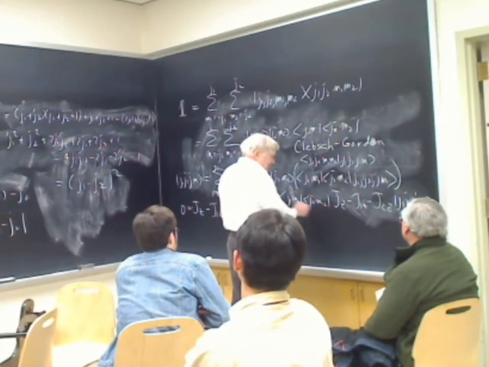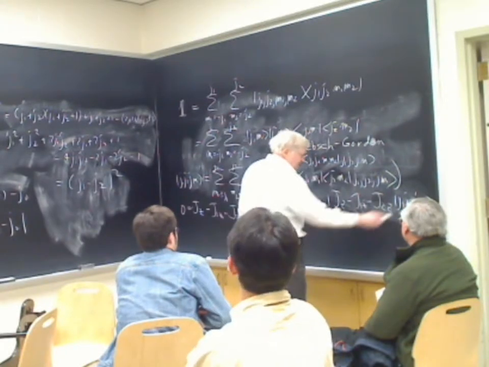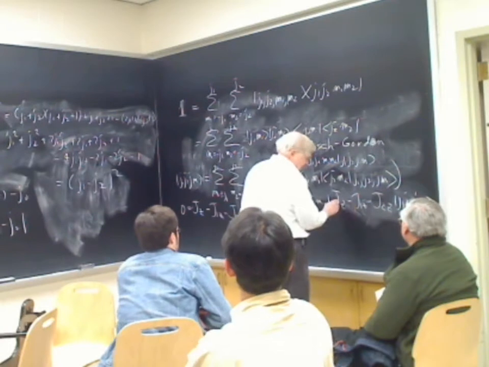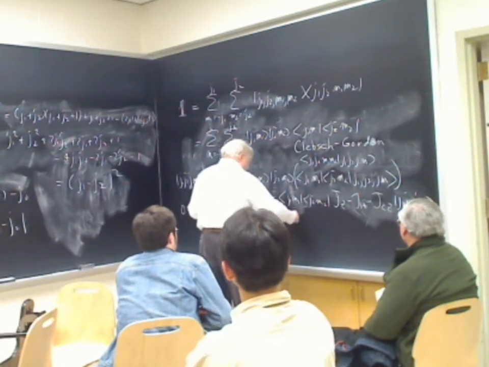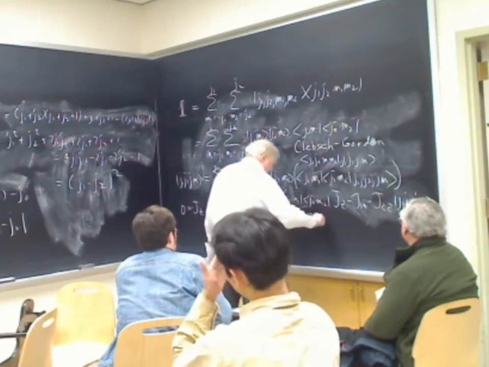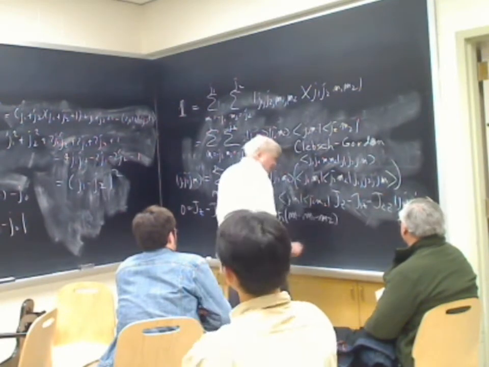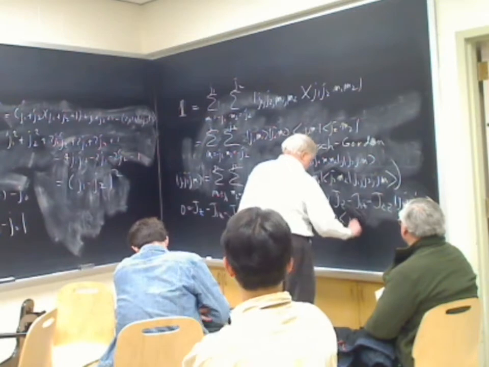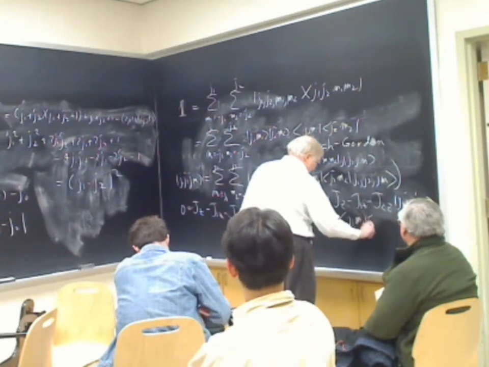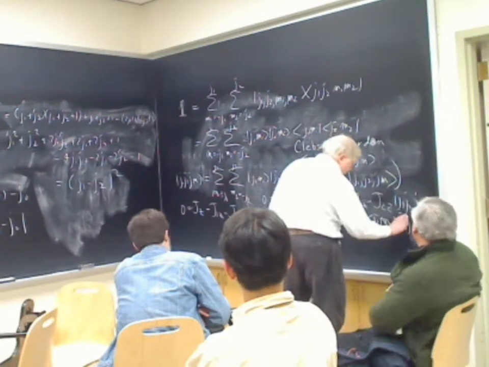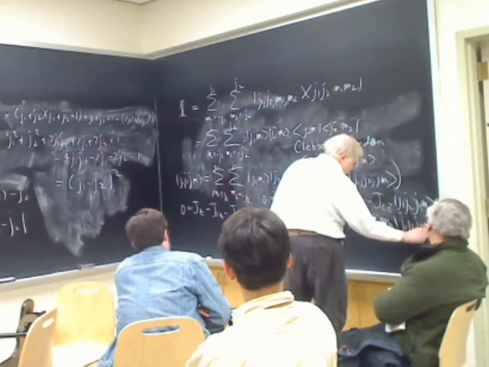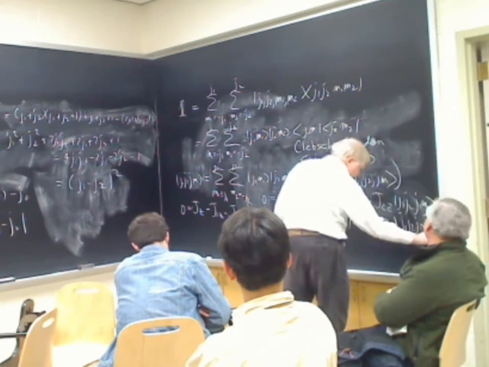this state is an obvious eigenstate for these two operators, and this state is an eigenstate for this operator. And so what we get here is h bar (M minus M1 minus M2) times <J1, M1; J2, M2|J1, J2, J, M>.